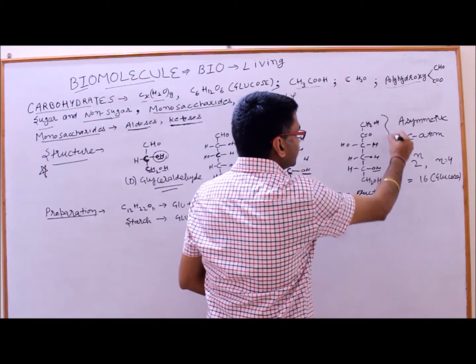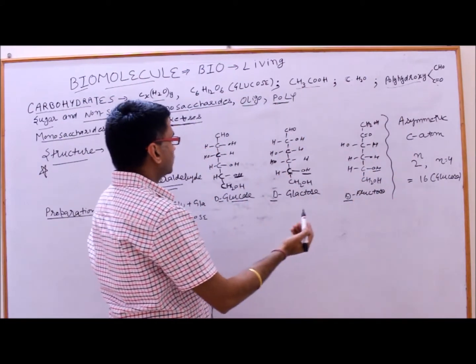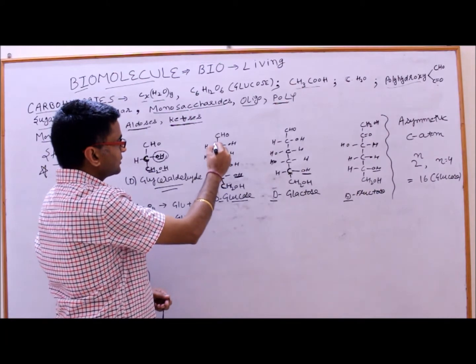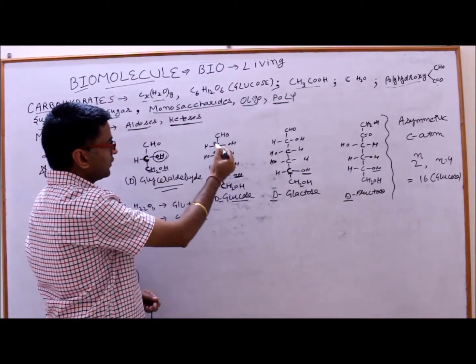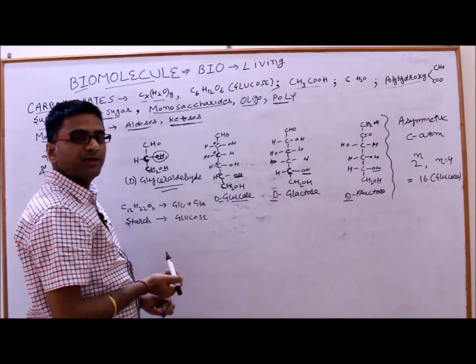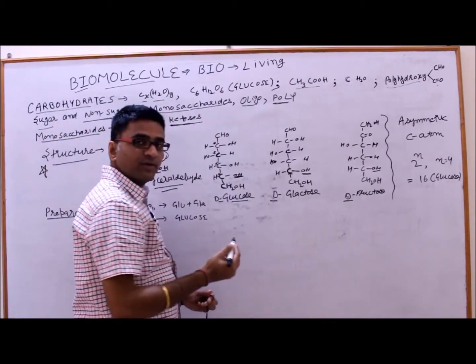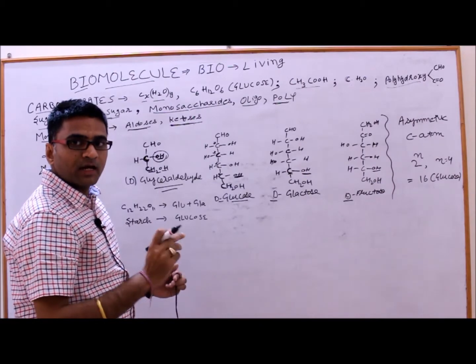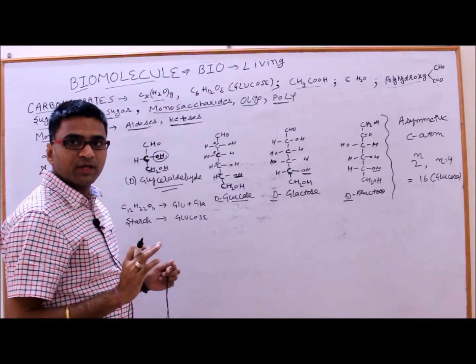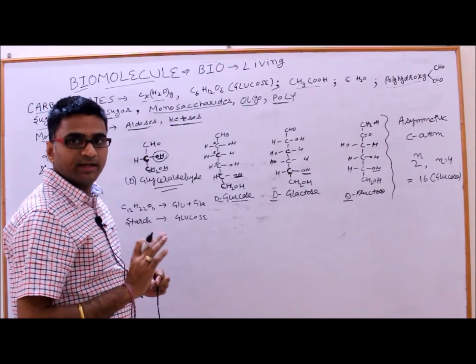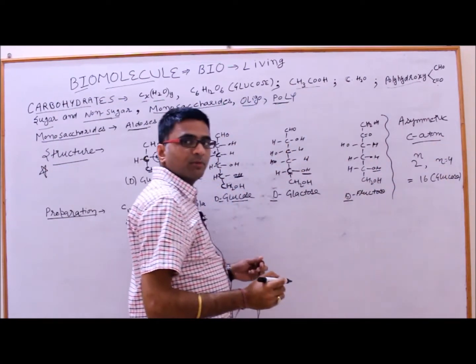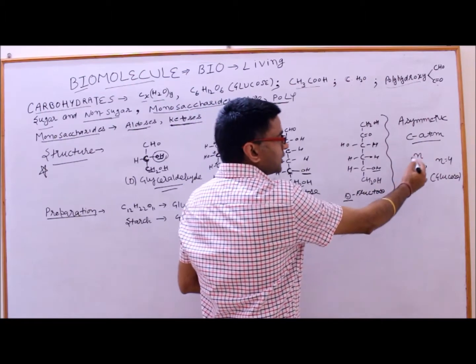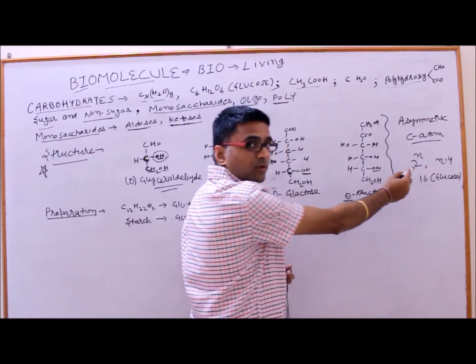And if we want to see asymmetric carbon atoms, so we know that in glucose this is an asymmetric carbon atom, asymmetric, asymmetric, asymmetric. So we have 1, 2, 3, 4 asymmetric carbon atoms. So which one is an asymmetric carbon atom? The carbon along which all the 4 groups are different. And we know how many isomers are possible for asymmetric carbon atoms? 2 raised to power n, where n is the number of asymmetric carbon atoms.